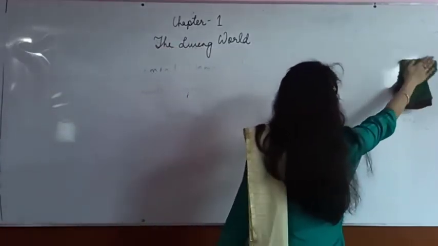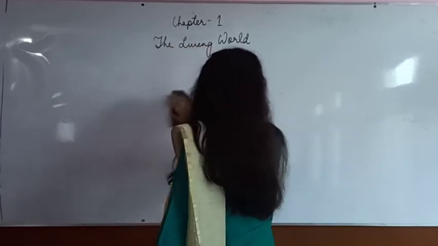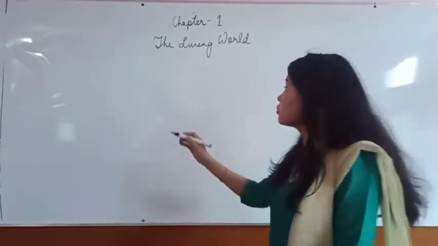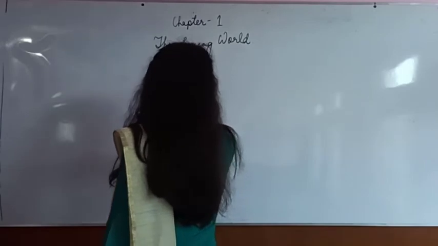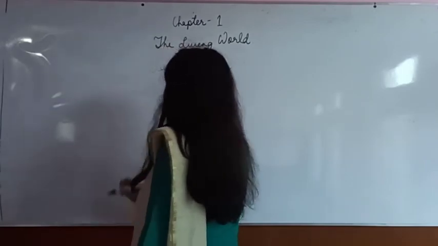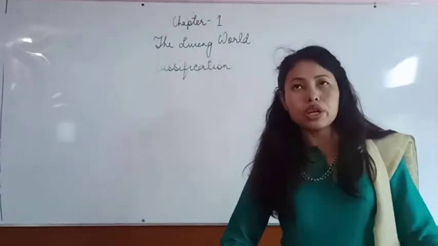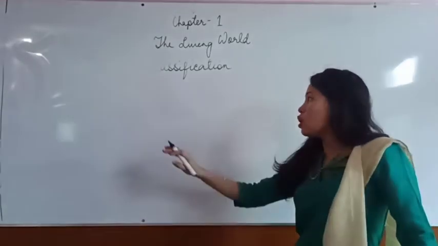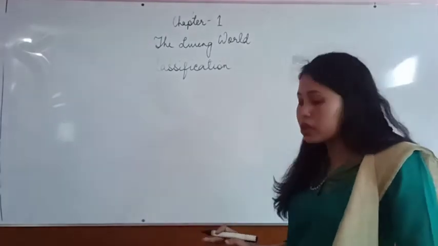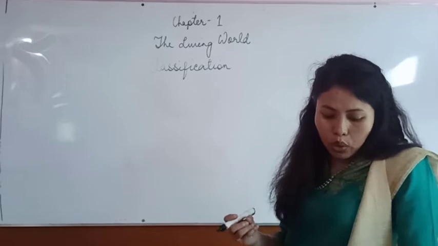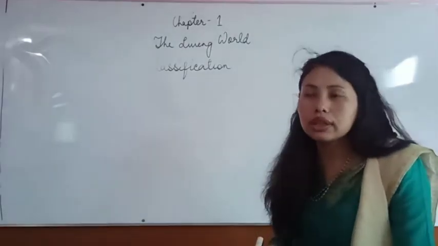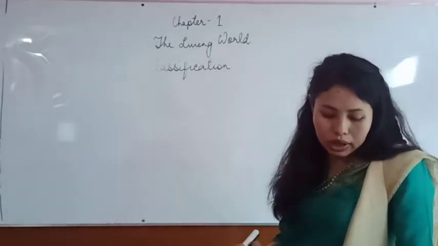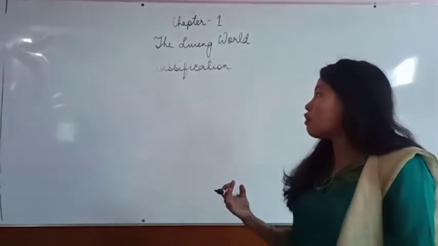So the next part is classification. What is classification? We have so many varieties of living organisms, as I told you earlier in the beginning of the chapter as well. It is quite impossible for us to know all the living organisms, or to understand each and every detail of every organism. Therefore, biologists came up with the idea of classification.